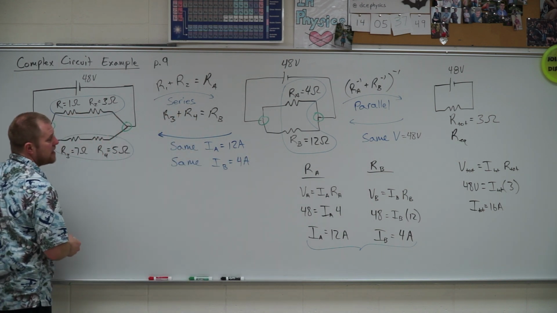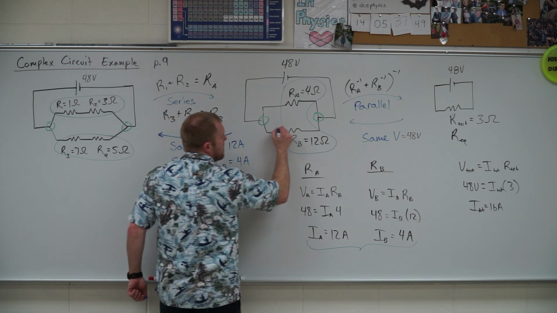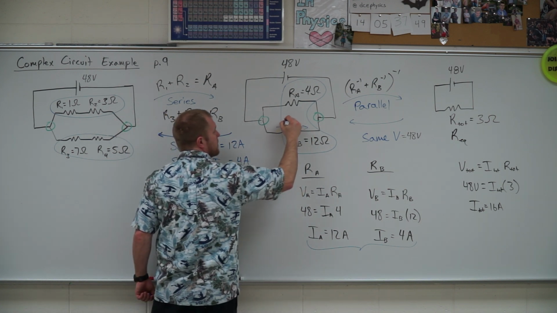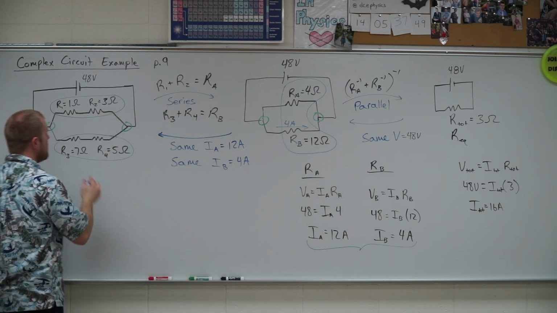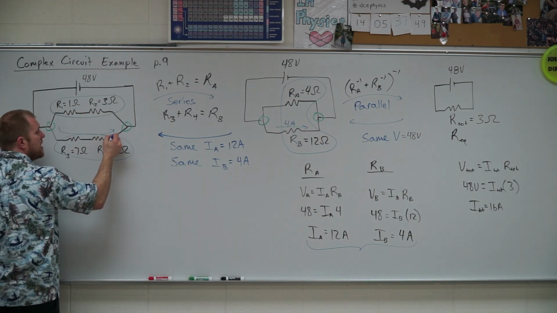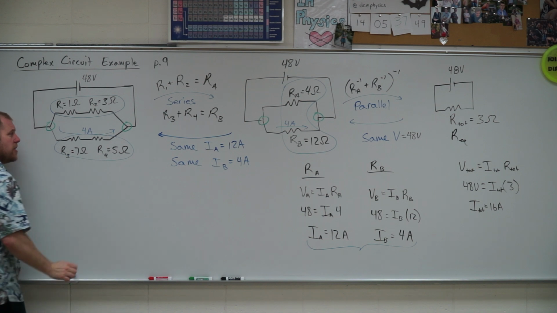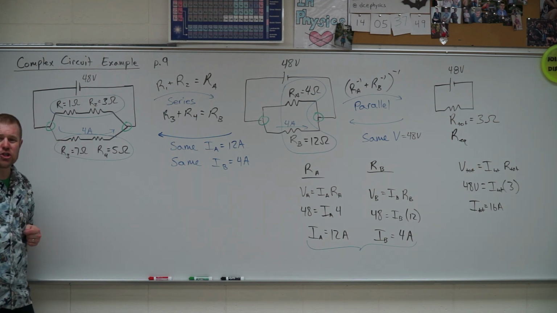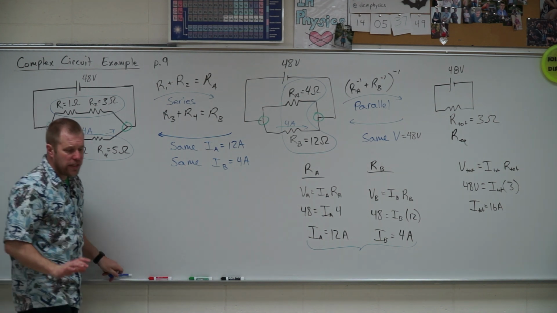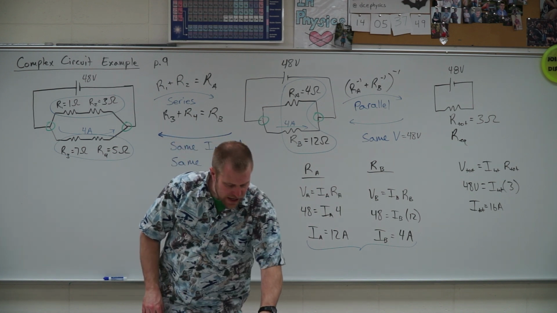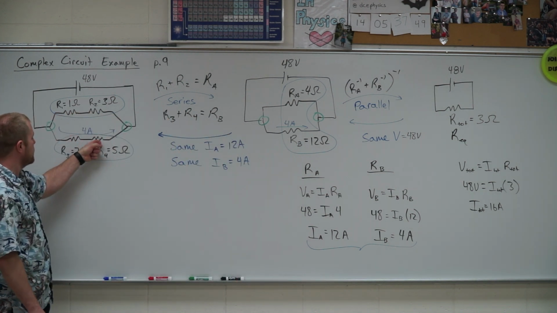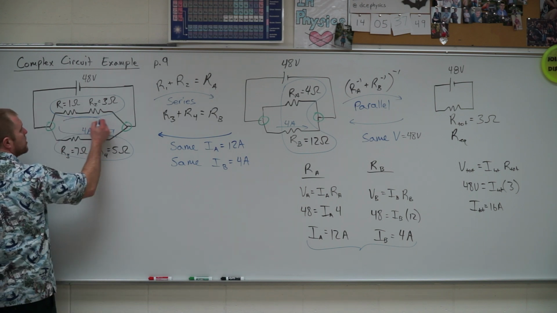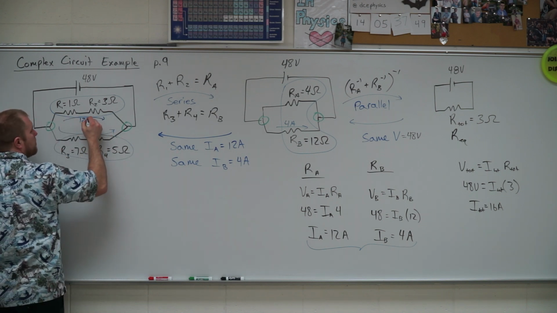So what that means is that going through B, there is 4 amps of current. There's 4 amps of current in this lower branch. So that means there's going to be 4 amps of current in this whole lower branch. So that means I have 4 amps going through each one. And so they only asked me, thank goodness, to find the current in each resistor. And so now I know 4 amps, 4 amps. If I look at the upper branch, I had 12 amps, 12 amps.